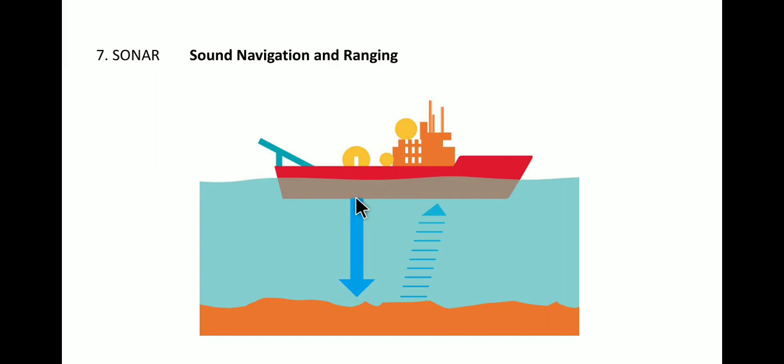By calculating the time interval in which the signal goes down and comes back, the distance is calculated with the help of sonar. So this is again one of the most important applications of ultrasound.